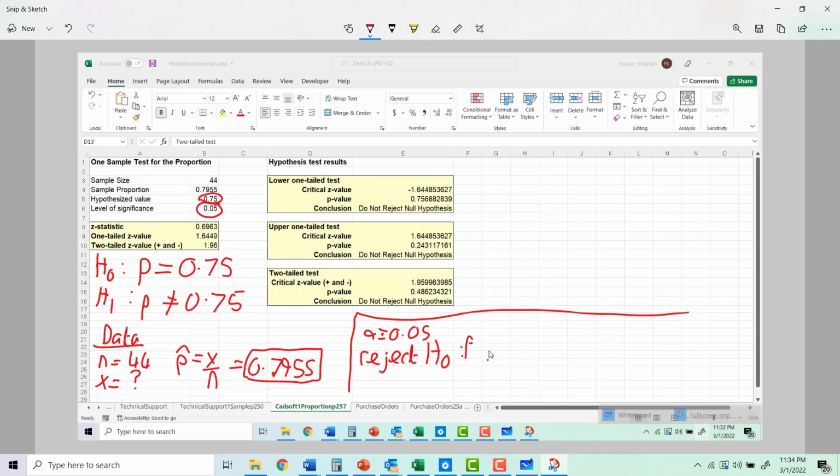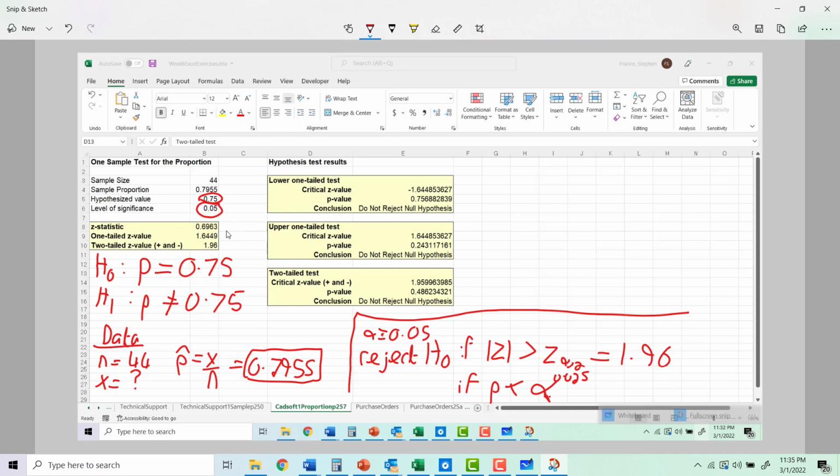If the absolute value of z is greater than z alpha over 2, which is 0.25, this is going to be 1.96. But again, we also reject H0 if my p is less than alpha.